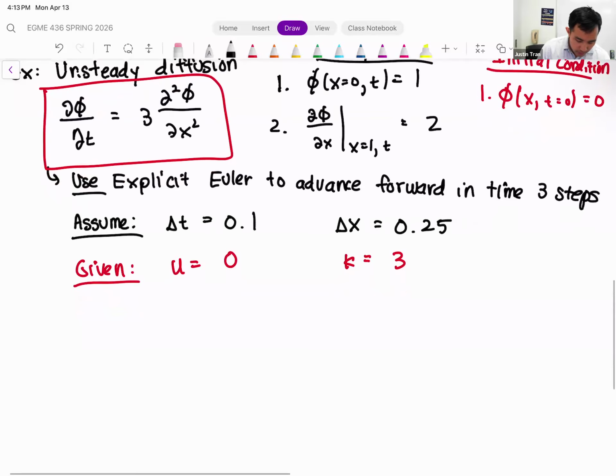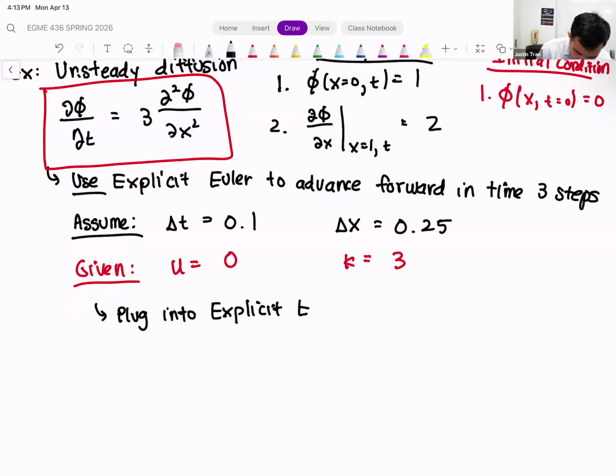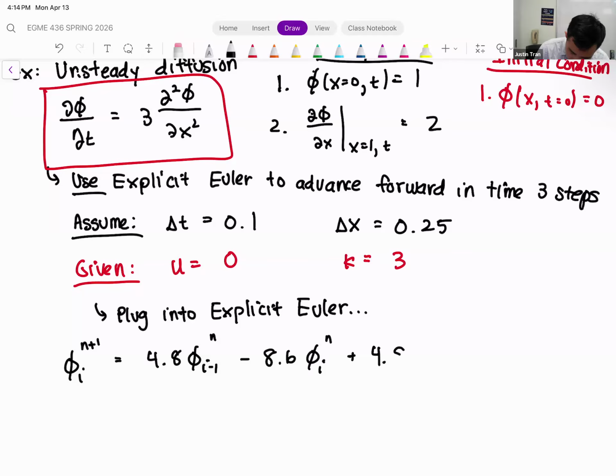Let's go ahead and plug all these into our explicit Euler equation. To do all that, we get phi i at n plus 1 is equal to 4.8 phi i minus 1 at n minus 8.6 phi i at n plus 4.8 phi i plus 1 at n.